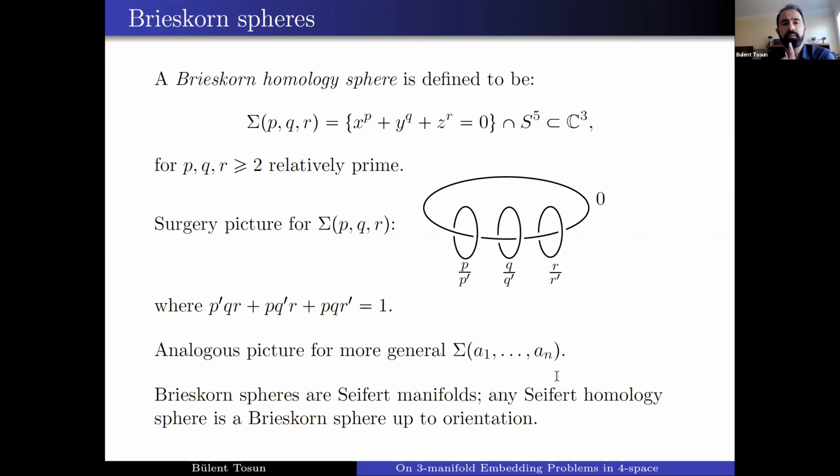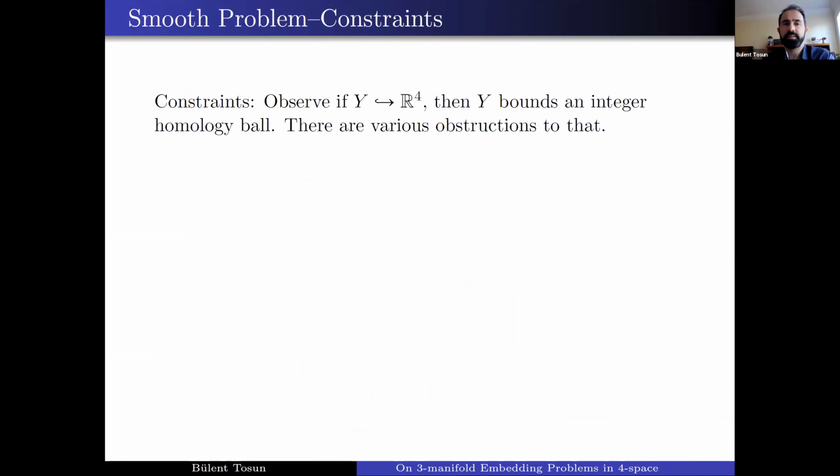Okay, so now these are some class of 3-manifolds that, as I said, arise as the boundary of, for example, Mazur type manifolds, and certain members there embed in R4 smoothly. Now I also want to talk about some restrictions on the smooth embedding problem. So the observation is that if you have a 3-manifold Y which embeds in R4 smoothly, then such a Y will bound an integer homology ball.